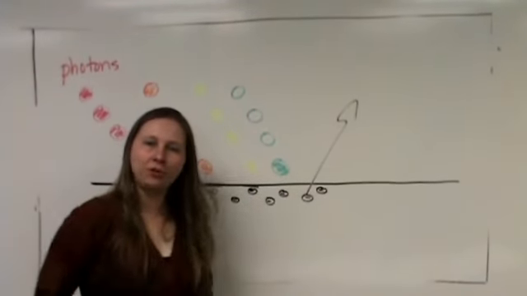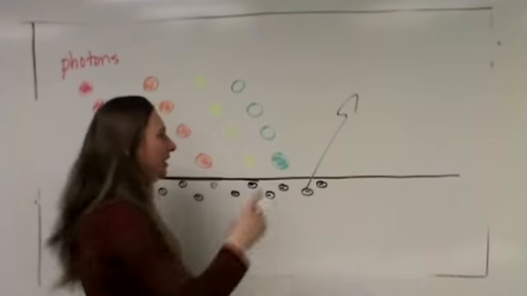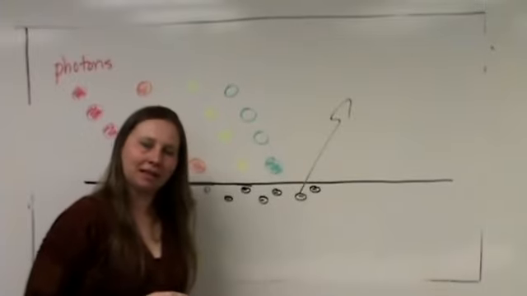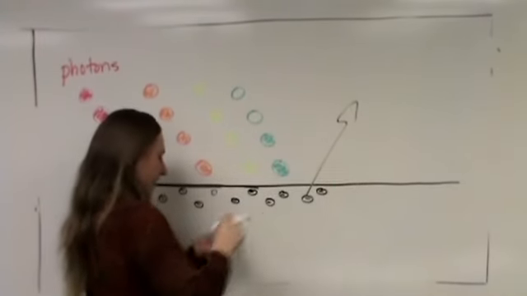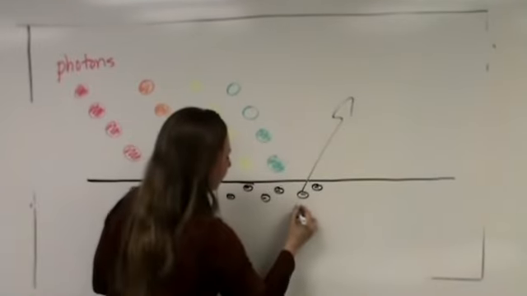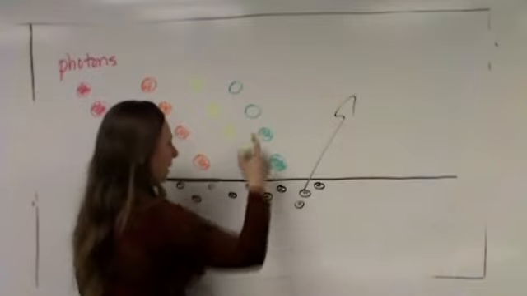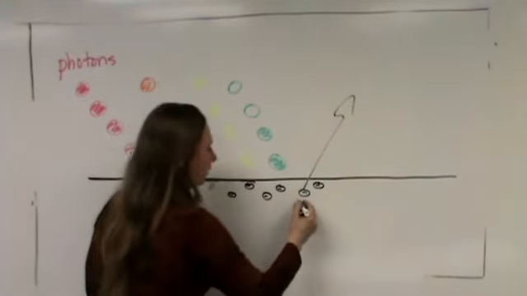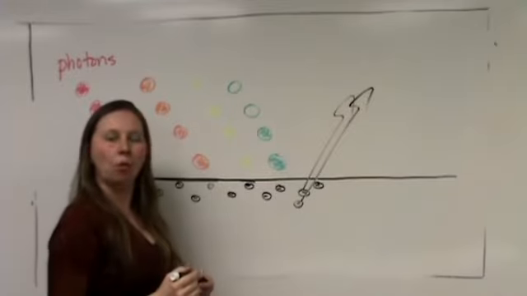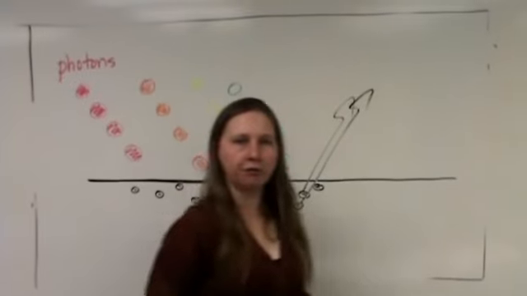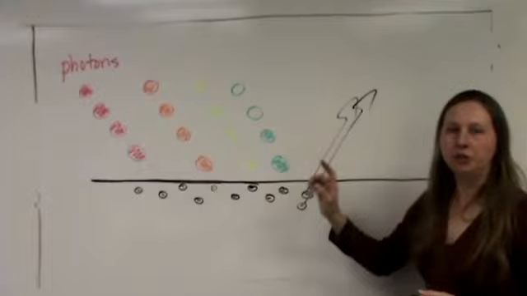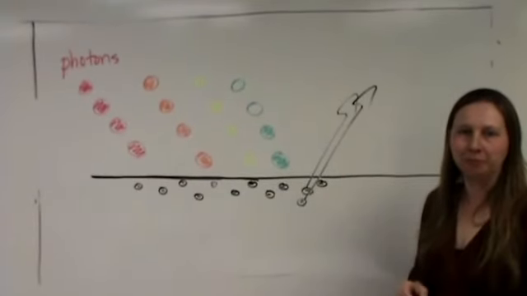When the green photon hit, the electron shot out of the metal. Watch again. When this green photon hits an electron, maybe it'll hit this one. This green photon hits the electron and boop! Wow. I guess the green light is strong enough to cause electrons to be ejected from the metal.